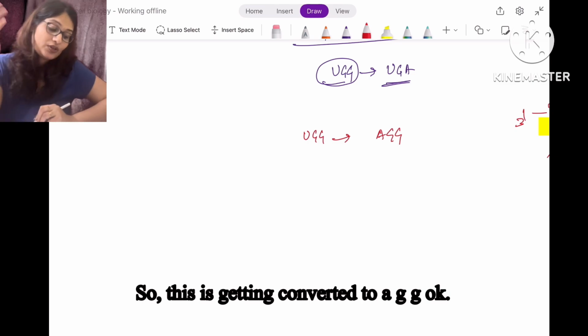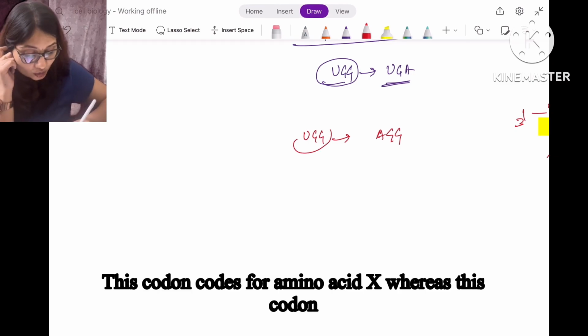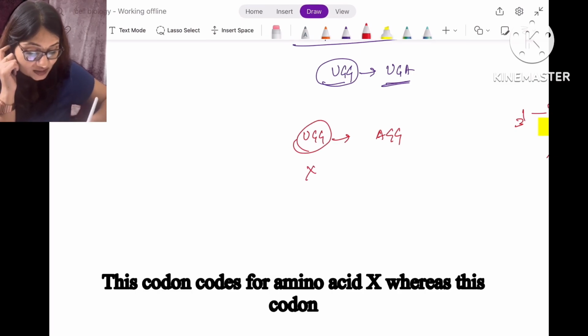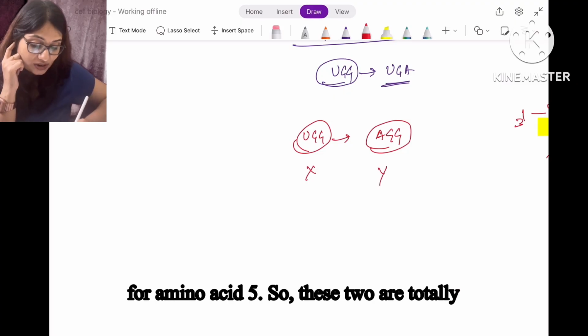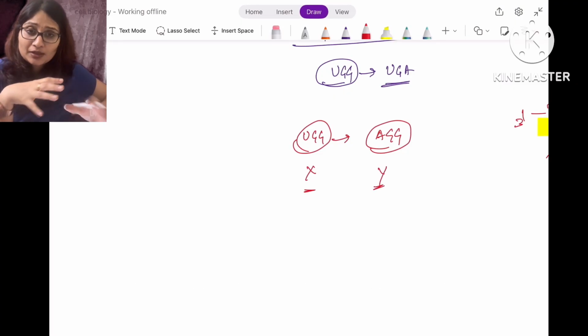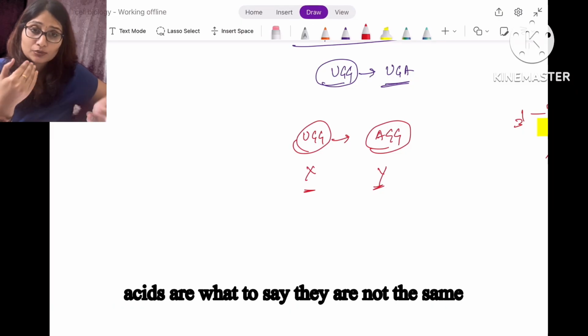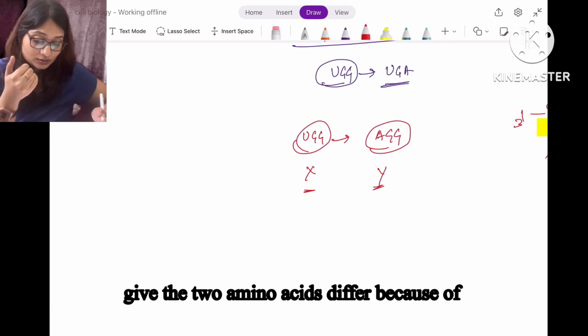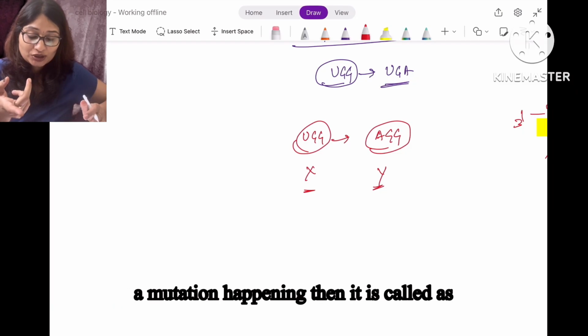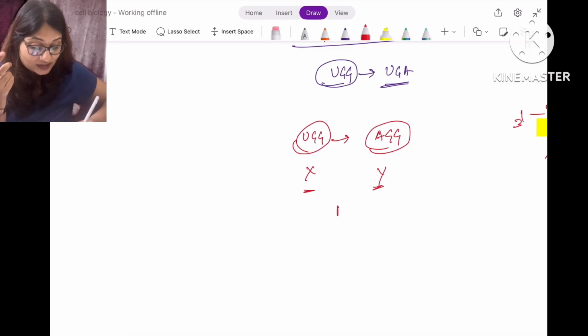Okay, so this is getting converted to AGG. So this codon codes for amino acid X, whereas this codon codes for amino acid Y. So these two are totally unrelated amino acids. So when the two amino acids are not the same, okay, the two amino acids differ because of a mutation happening, then it's called missense mutation.